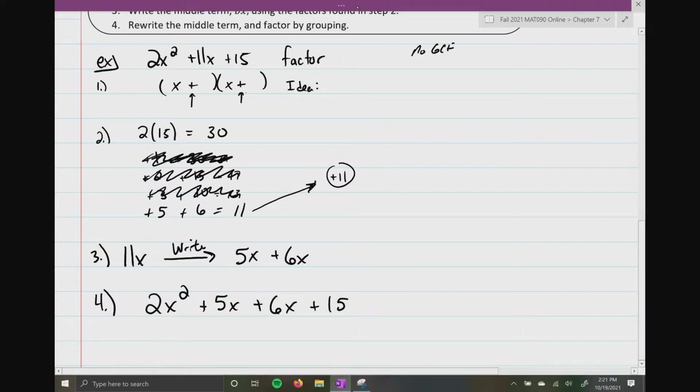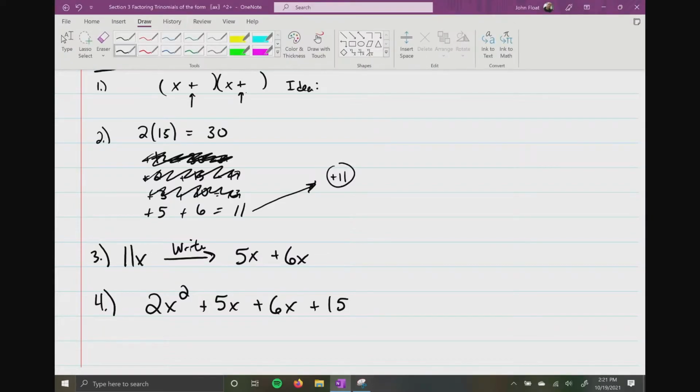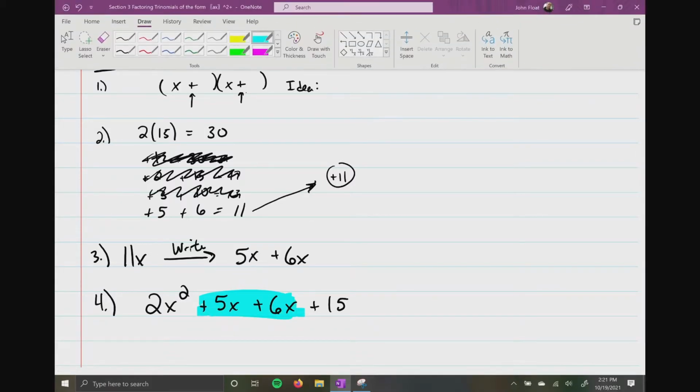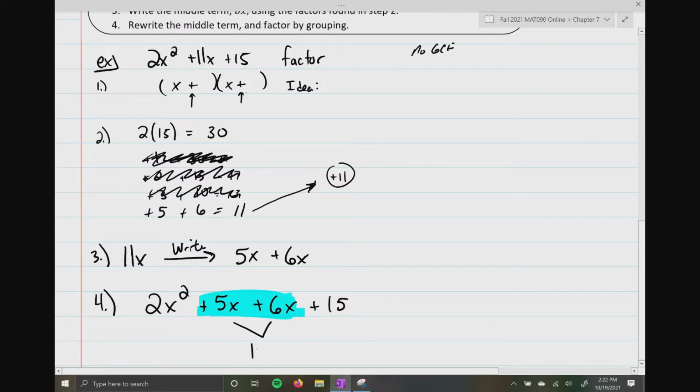Now, remember, and I'm going to highlight this, but then I'm going to erase it. That middle term used to be 11x, okay? This used to be 11x. What I did is I just rewrote it using the AC method. And that's the key to this entire problem here. So let me go ahead and erase this stuff.